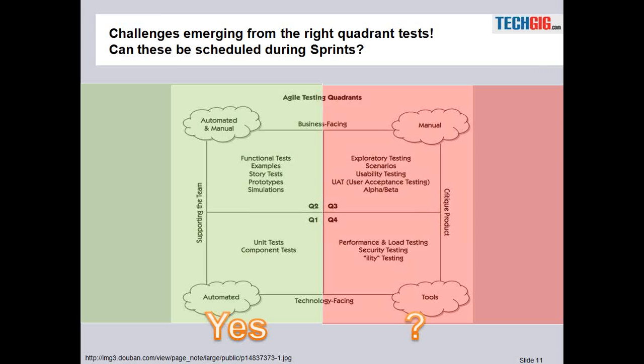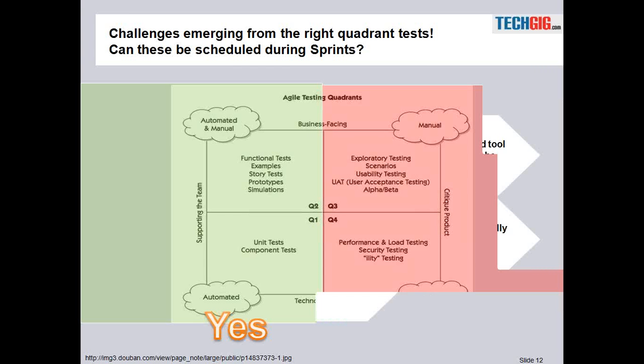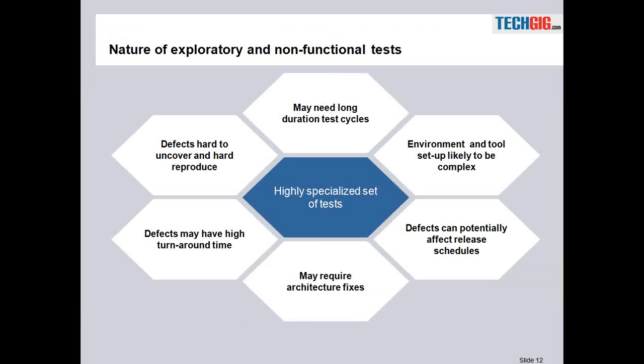Now, as we've been talking about the tests which critique the product, Q3 and Q4, it's essentially difficult to schedule them within a sprint. So why are they difficult to schedule within a sprint?